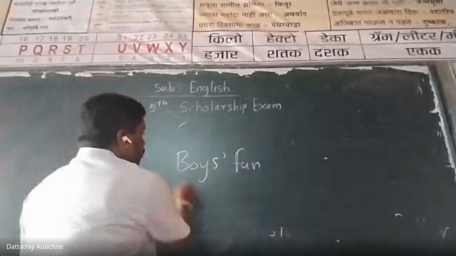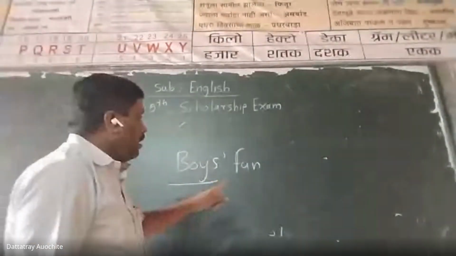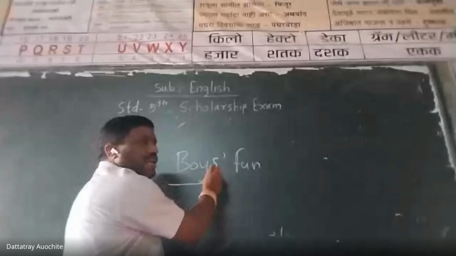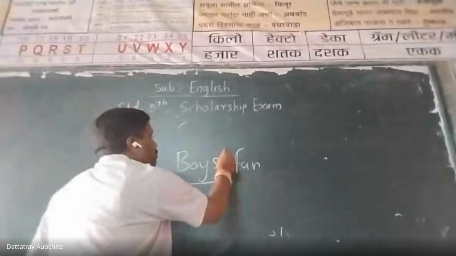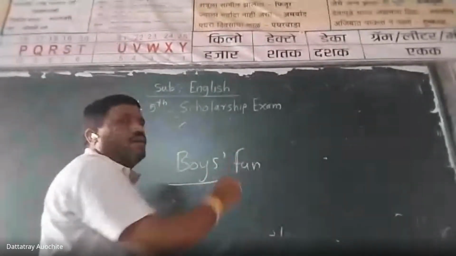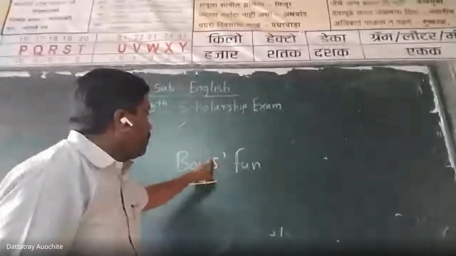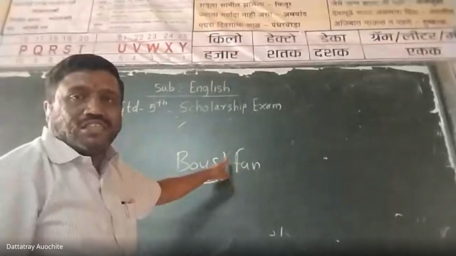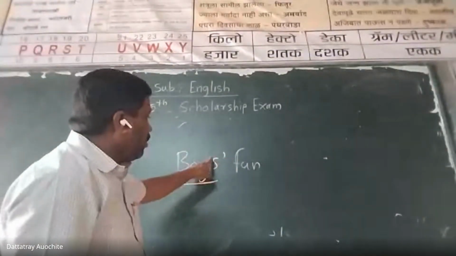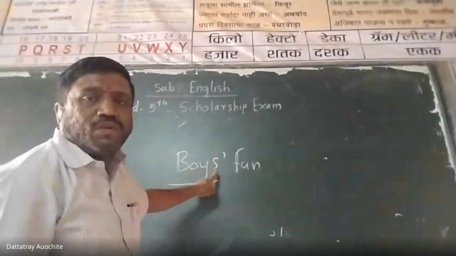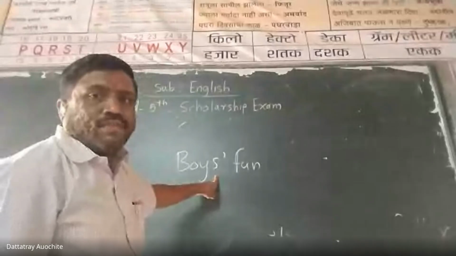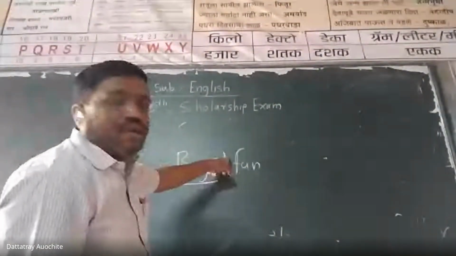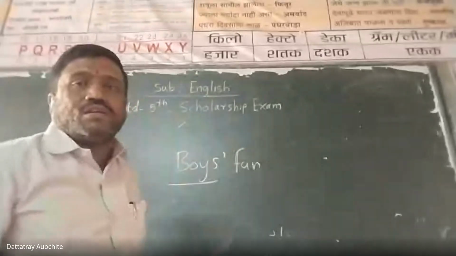Here boys is a plural noun, and after a plural noun, if we want to show possession, it should be shown by an apostrophe mark, but not before the s, only after it. See this properly. Not before this s, because this s is for pluralization, and after this plural form we should add the apostrophe mark.